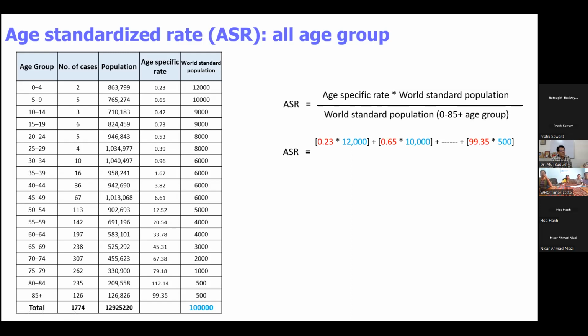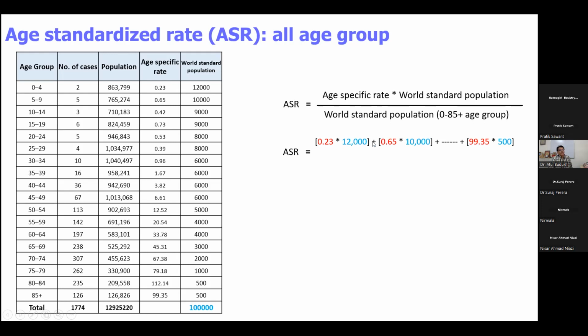Okay, then Sri Lanka team is online. Yes, sir. How this 12.52 has come? This 113 divided by 902,693 and multiplied by 100,000. Yes. So you know the clear-cut concept of age specific rate.